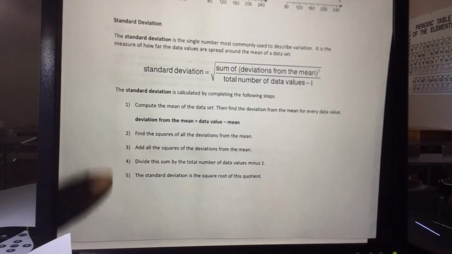If we complete these 5 steps right here, we can easily come up with the standard deviation. The first step is to compute the mean of the data set. Then find the deviation from the mean for every data value: the data value minus the mean. After which you square all the deviations from the mean. Then add all the squares of the deviations from the mean.